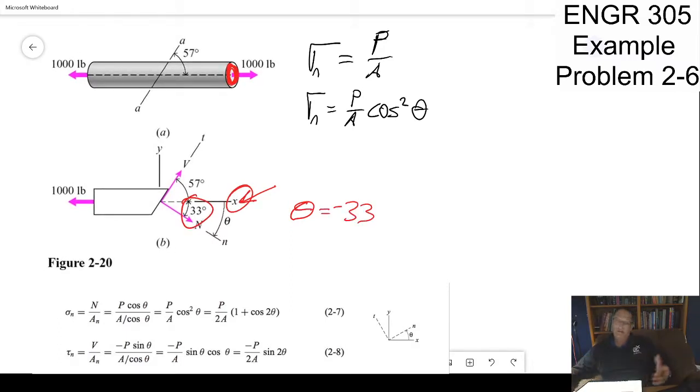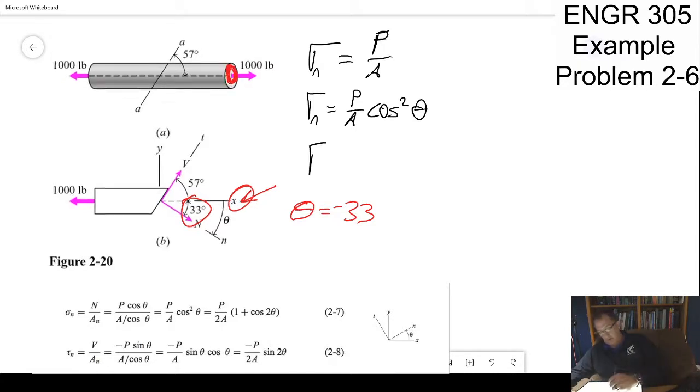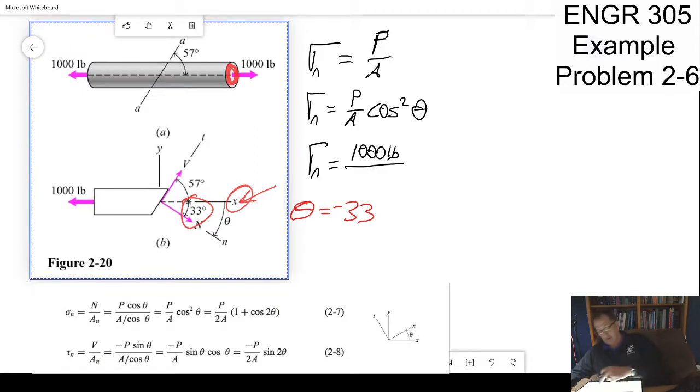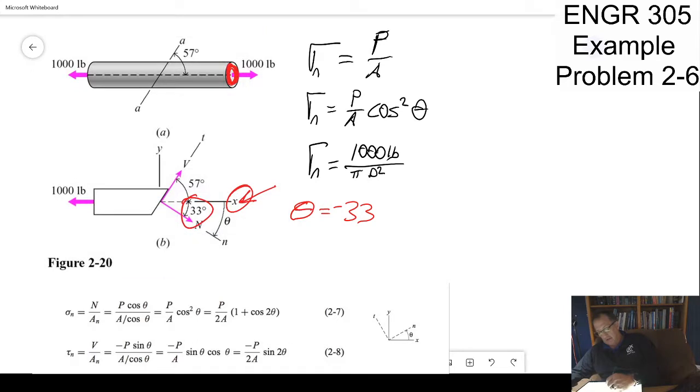Now we have enough information to plug in. We look at our figure. The load is 1,000 pounds. My area is the area of a circle, so that's simply pi d squared over 4, with d equal to 1.25 inches.